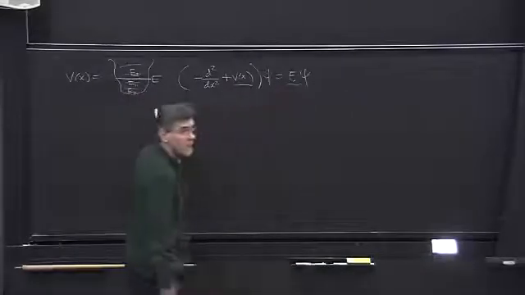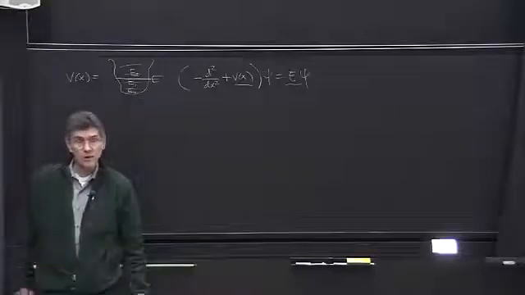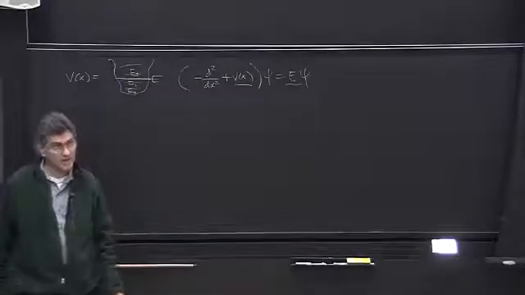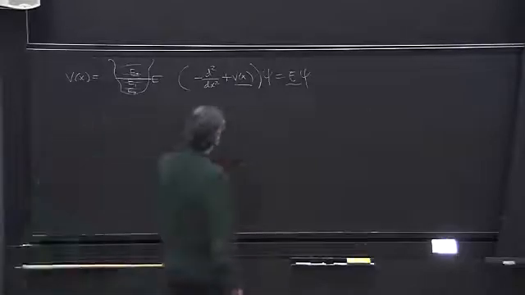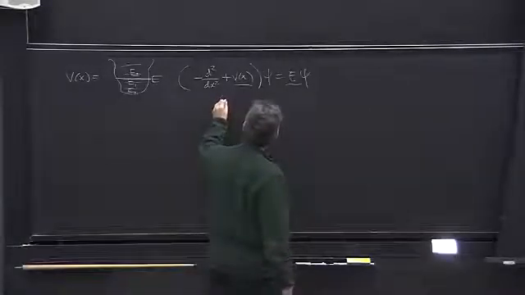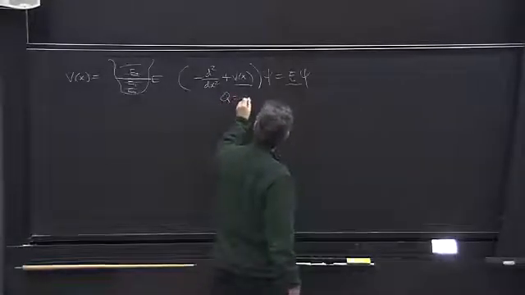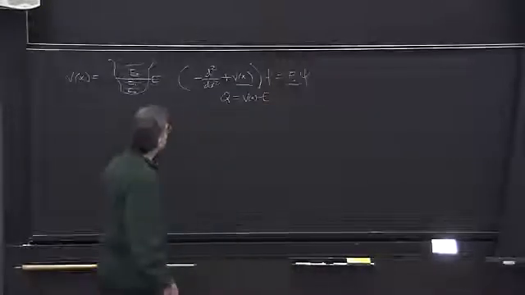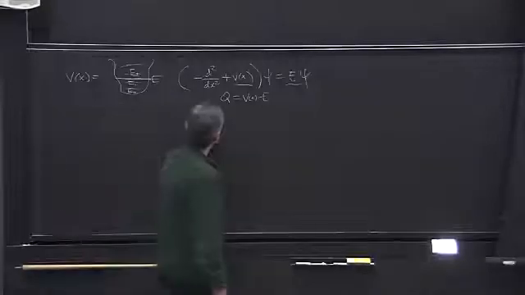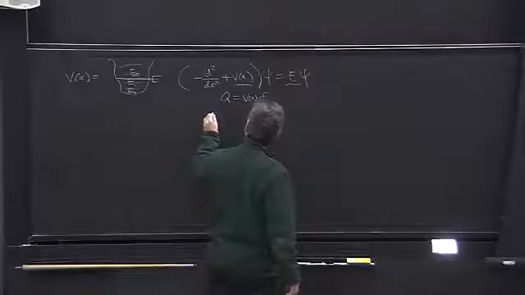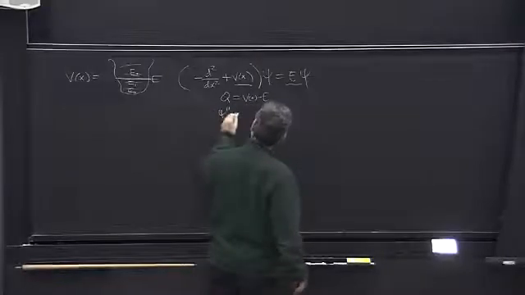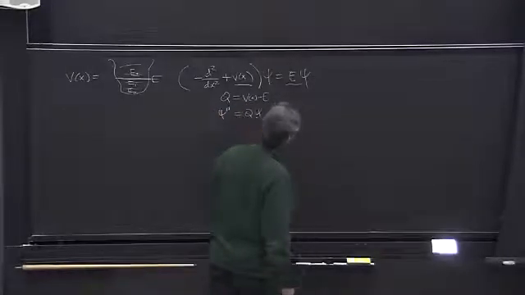E is some energy that we put in the well. Not necessarily one of these eigenvalues, just some energy, okay? And we say, let's take Q is equal to V of x minus E, okay? Then we are solving the differential equation minus psi prime prime, that's plus psi prime prime, equals Q psi.